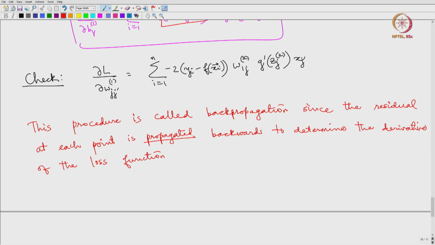To be more precise, you should say the partial derivative of the loss function with respect to various model parameters, by the repeated application of chain rule.